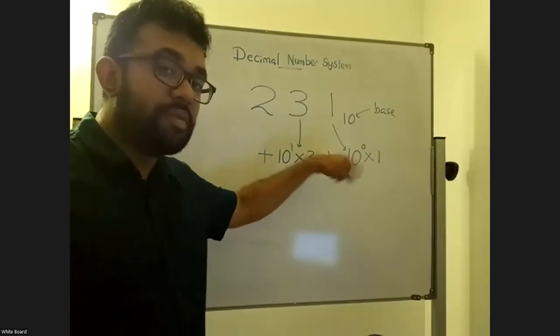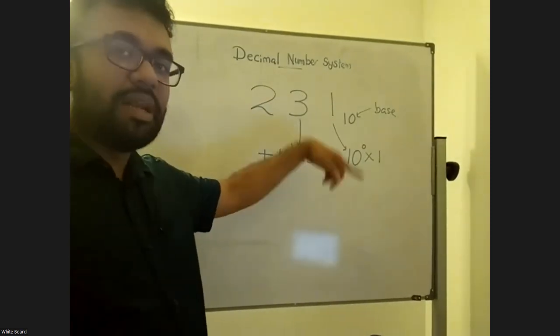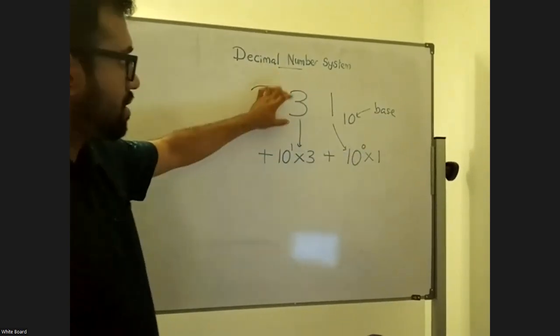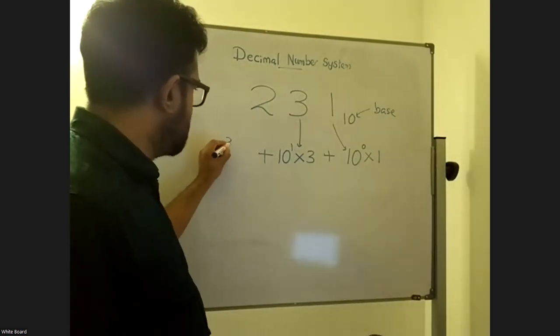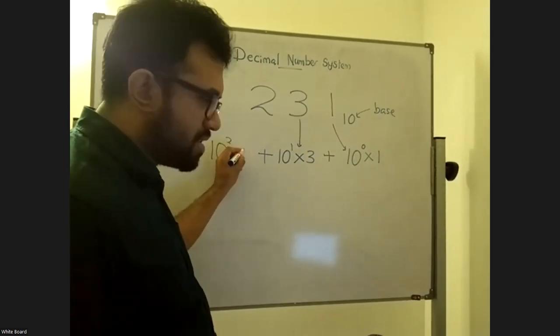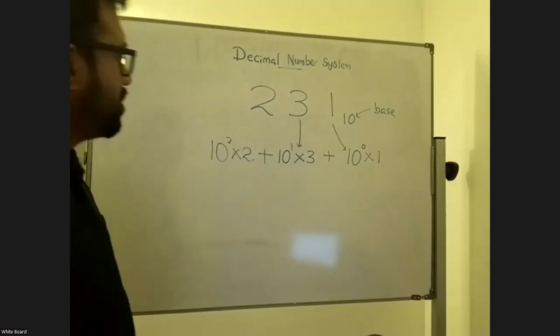I got this from the previous explanation. So here the place value is 10 to the power 0. Yes. 10 to the power 2. 10 to the power 2 into what? 2. Very good. 10 to the power 2 into 2.